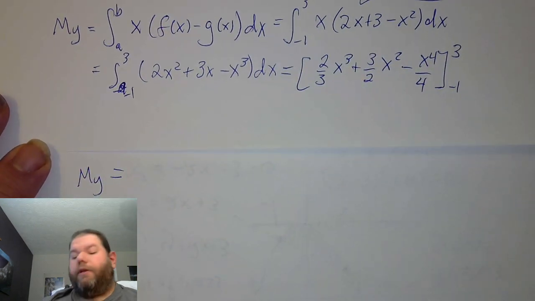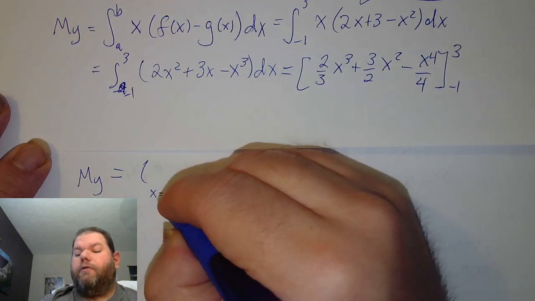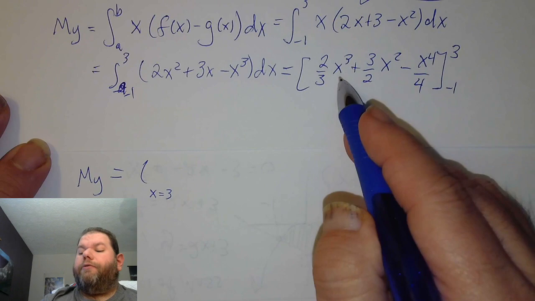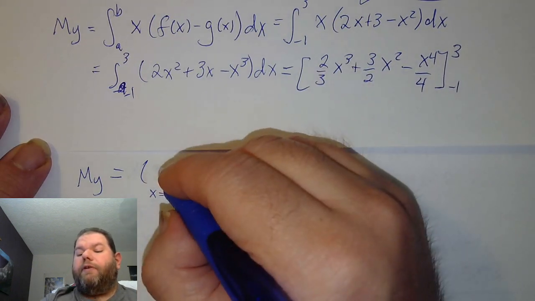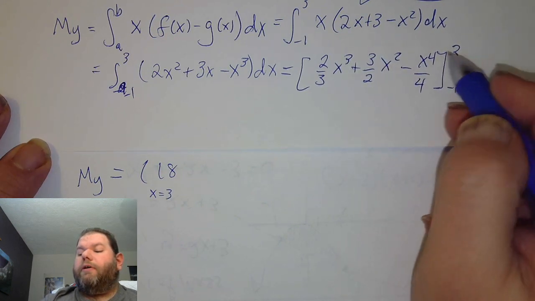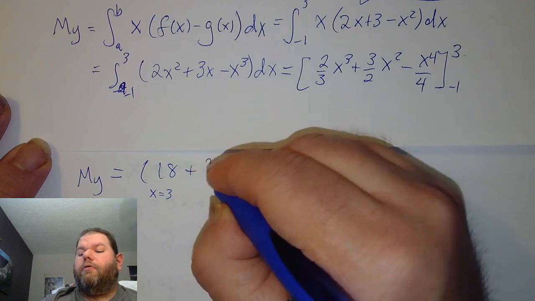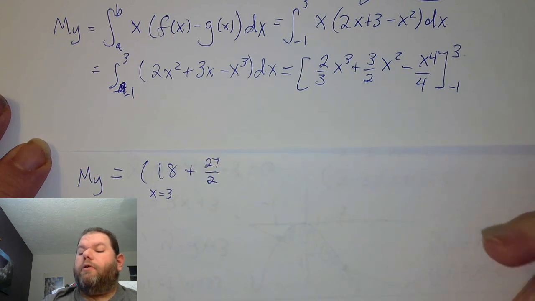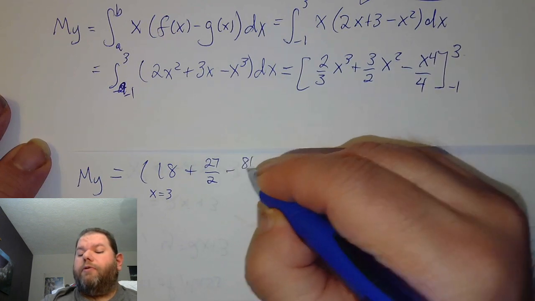So if we start plugging in those limits, we do 3 first. 3 cubed is 27. 2/3 of 27 is 18. 3 squared is 9, so that's 27 over 2. And 3 to the 4th is 81 over 4, so minus 81 over 4.